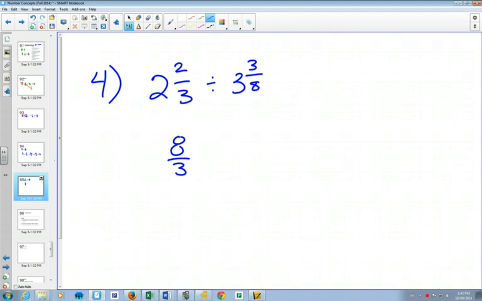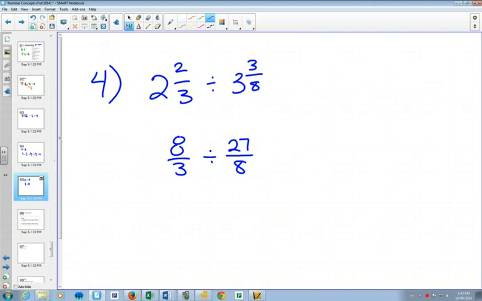Again, you can think of full chocolate bars. A chocolate bar that splits up into only 3 pieces. The 2 full chocolate bars would be 6 full pieces, and then you have 2 pieces more, giving you 8 over 3. Divided by, in the second one, 3 times 8 is 24, plus 3 gives you 27 over 8.